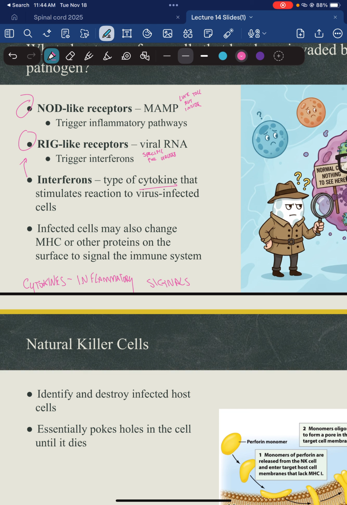So these interferons tell all the cells around it, hey, I am infected with a virus right now. Make sure it doesn't get into your cells. So it will basically downregulate lots of ways of getting in. So the endocytosis gets downregulated, and it's less likely to bring in that virus into new cells after it replicates and breaks out of the original infected cell.